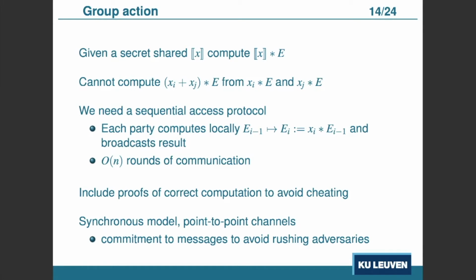Therefore, the communication will scale linearly on the number of players, which is not good. Also, because we are dealing with malicious adversaries, each party needs to append a proof of correct computation. Also, to make sure that all the operations are carried out in the correct order, the players are required to hash what they are broadcasting.